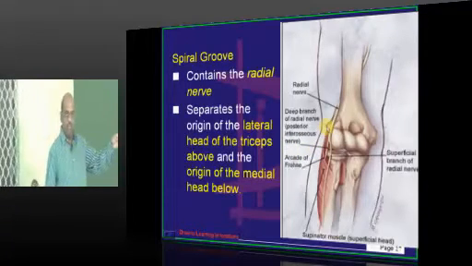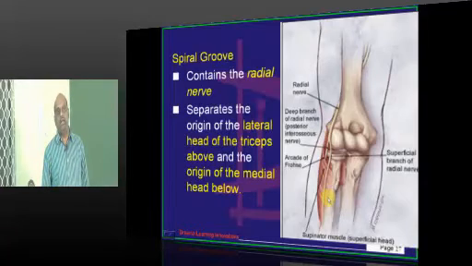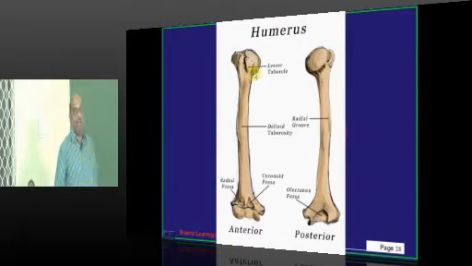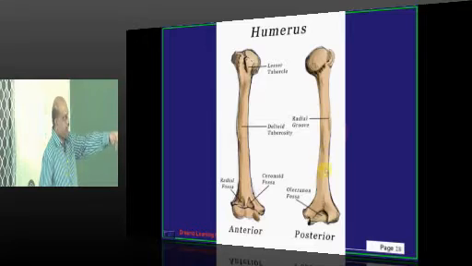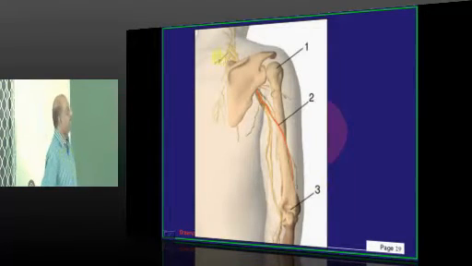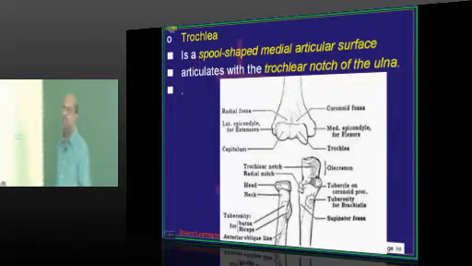Between the two, the radial nerve passes through the radial groove, is what you need to remember. So in summary, we have a deltoid tuberosity, a radial fossa, and one radial groove through which the radial nerve is passing, which you should not forget.